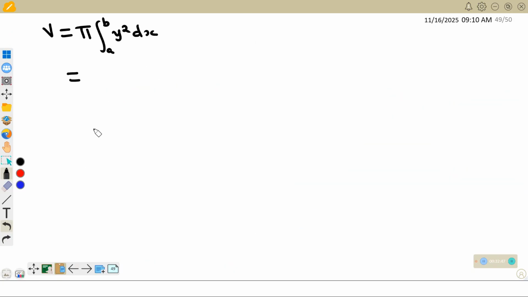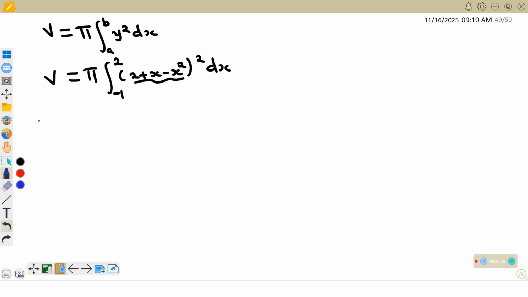So this will give us V as pi integral from -1 to 2 of y, where our y is 2 plus x minus x squared, and the whole of this is squared, dx. A major thing to do here is to first get this one.